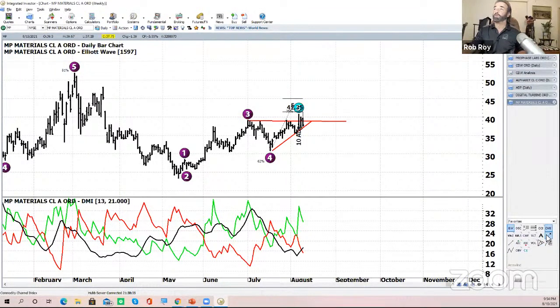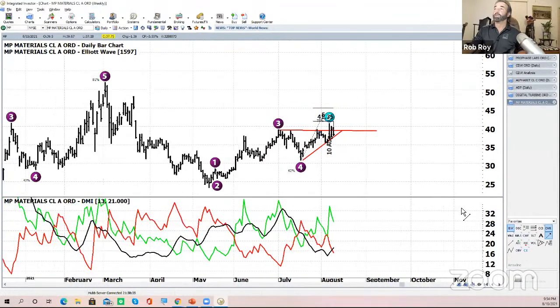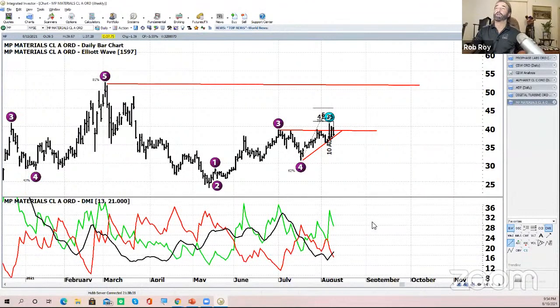For me, if I was looking to enter, I'd want to see the ADX break 20 first. If it breaks above 20, that's a pretty good signal that we're going to break out. I don't think that wave 5 projection there holds. I think we probably go back to the recent 5 all the way up here, but I would need to see that ADX break above 20 first.